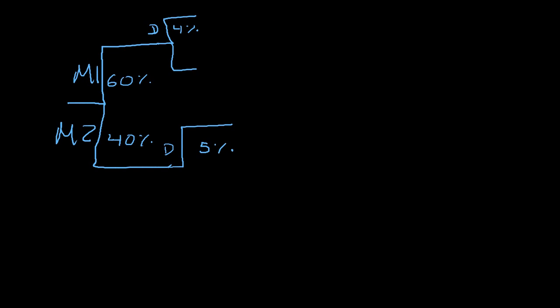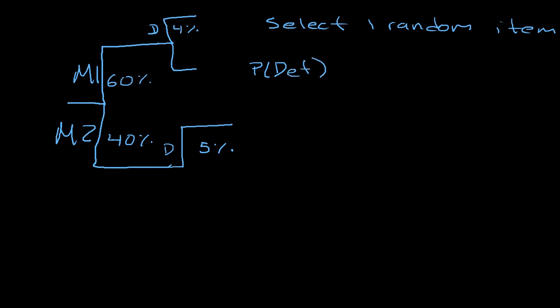So let's say that we select one random item, whatever these machines produce, one random item. Let's say that we want to compute the probability of that selected item being defective.